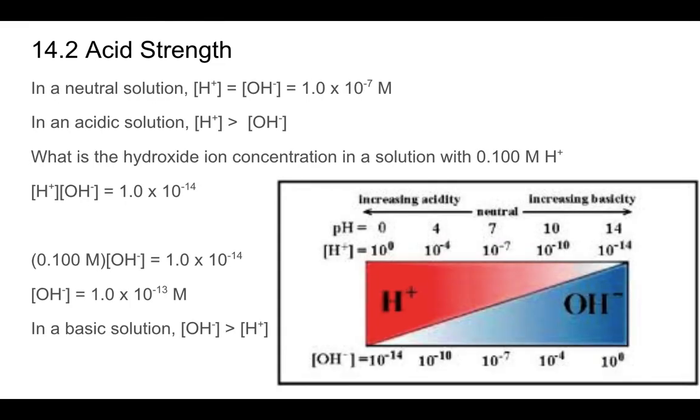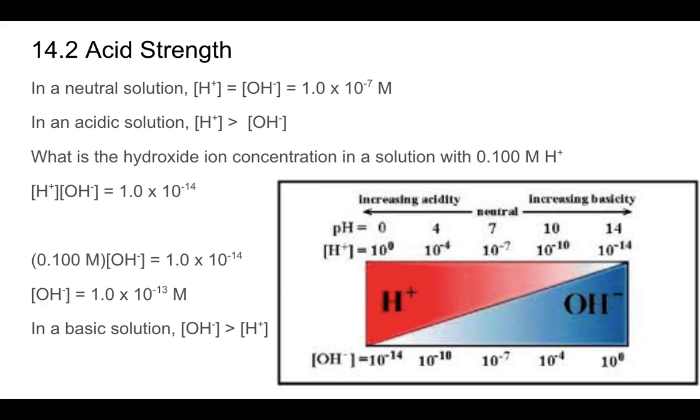The OH minus is 1 times 10 to the minus 13. So the H plus grew to 0.1, 1 times 10 to the minus 1, but the OH minus is now 1 times 10 to the minus 13. So that would be an acidic solution because it has much more H plus than OH minus.